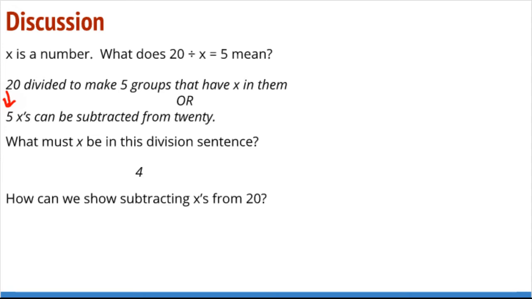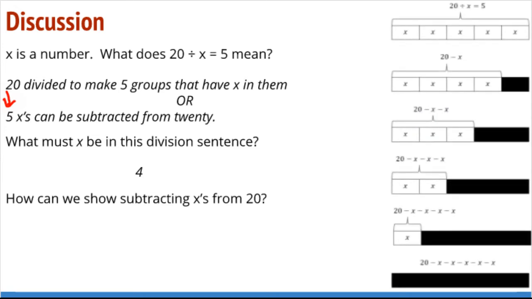So how can we show subtracting these x's from 20? How would we show this with a picture? Well, and I know this is a little small, but what they're showing here is that we've got 20 and that we're going to take x out 5 times. So there are 5 x's, 1, 2, 3, 4, 5. So we are going to take out 5 x's, and we're asking ourselves, how does this look?